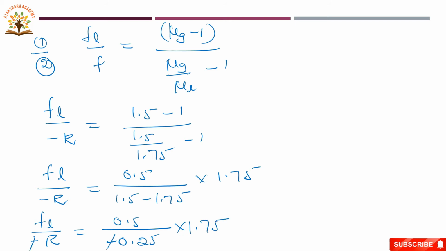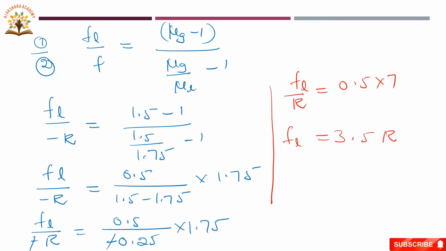The minus signs cancel, and finally FL by R is equal to 0.5 into 7. So FL is equal to 3.5 R.